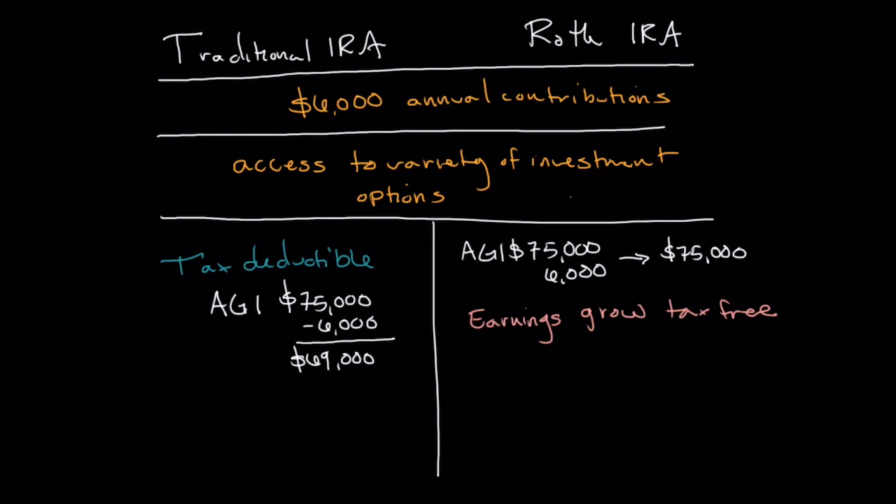Now, a couple of other differences, and then we'll talk about some things you should consider when selecting either one of these. But a couple additional things to consider with these particular investments has to do with your ability to contribute. So with a traditional IRA, you can actually contribute until the age of 70 and a half. Once you get to 70 and a half, you can no longer contribute to your IRA.